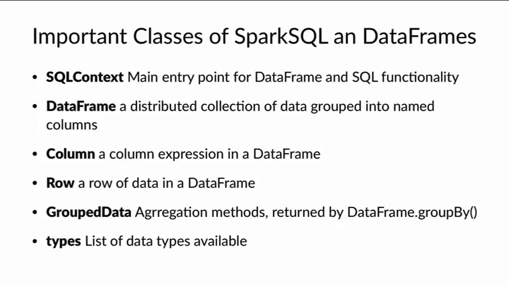It's the data frame itself, which is a distributed collection of data grouped into named columns. It's a column that's an expression in a data frame, a row that's a row of data in a data frame. Group data, you can do aggregations on data frames, and then you'll get the group data. And the types, as I said earlier, is how to define the schema.